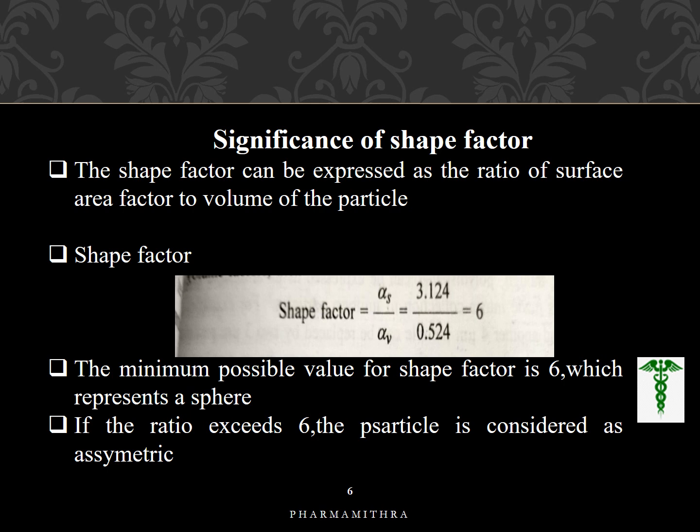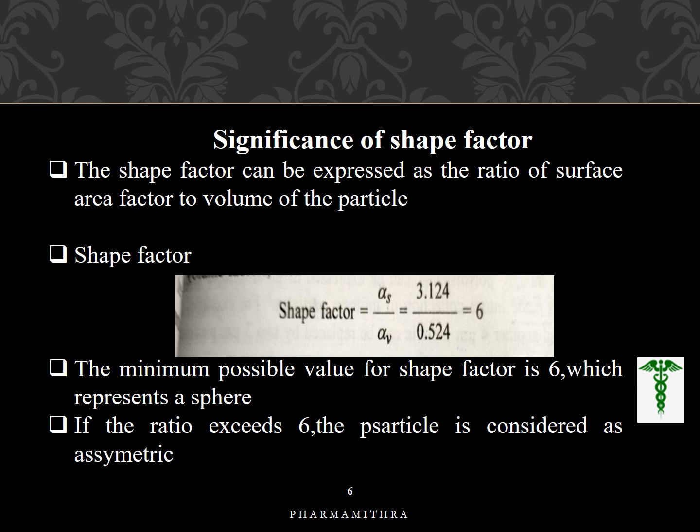So shape factor is equal to alpha s by alpha v. Normally we get a value of 6. That is the minimum possible value for the shape factor. If you get a shape factor of 6, it represents that the particle shape is spherical.